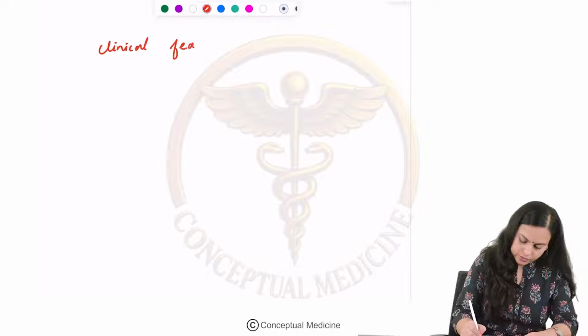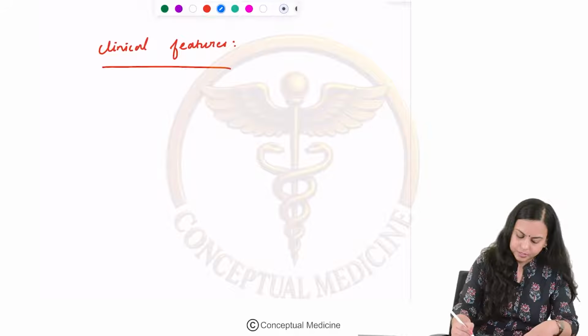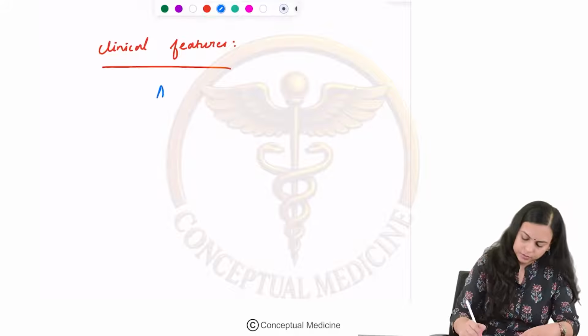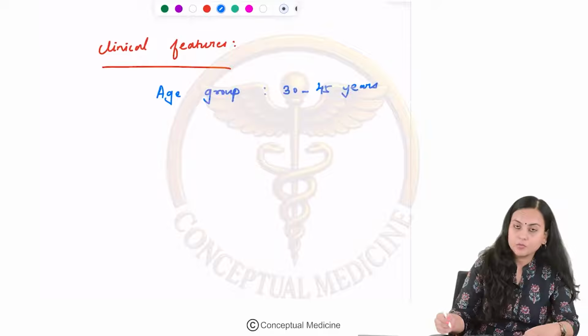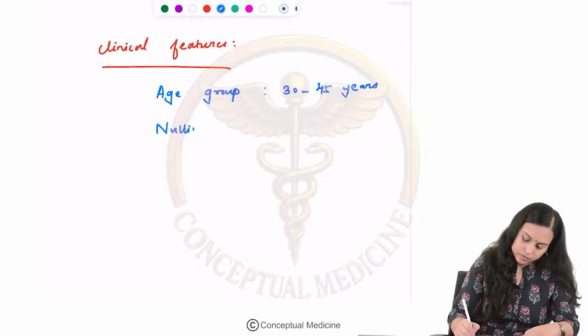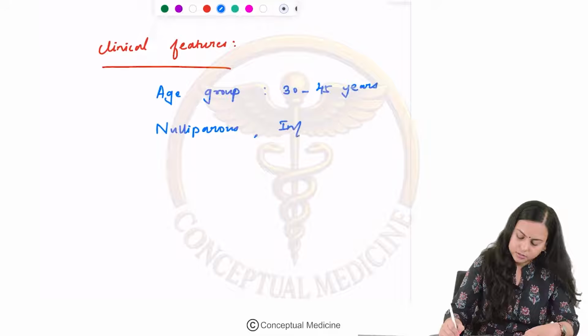The clinical features of endometriosis: usually the age group of these patients will be between 30 to 45 years, and most of them are nulliparous and infertile as well.